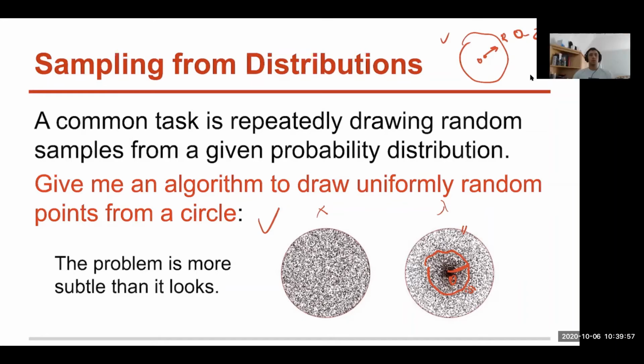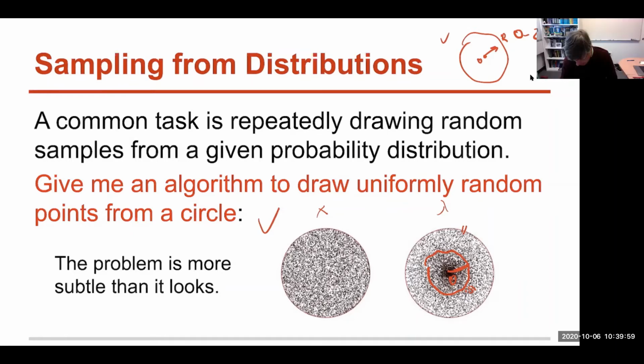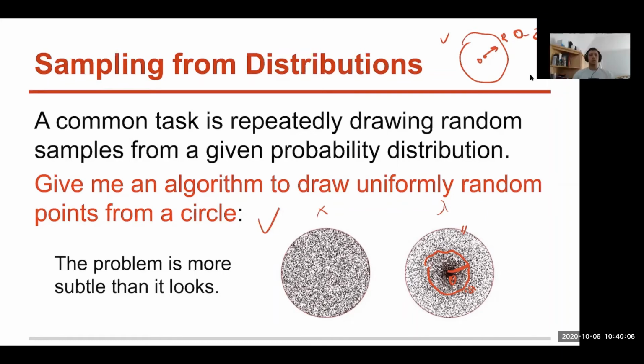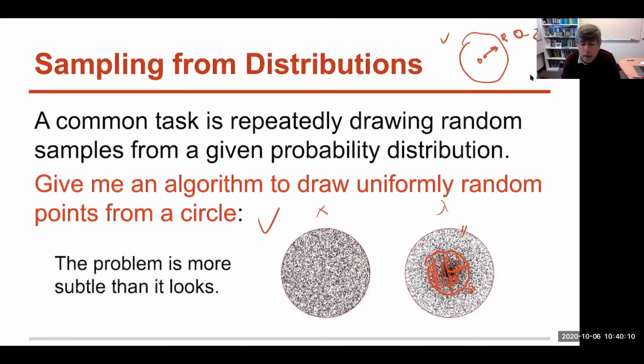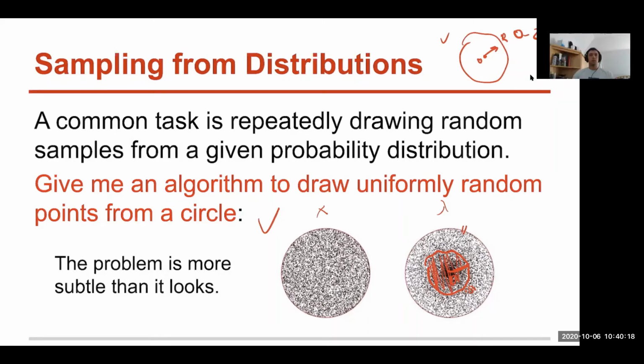Yes. But is the inner half circle here half the area of the circle? Does everybody see that this thing is a circle of radius 1/2? Is that half the area of the circle? No, because you calculate the area from radius squared.